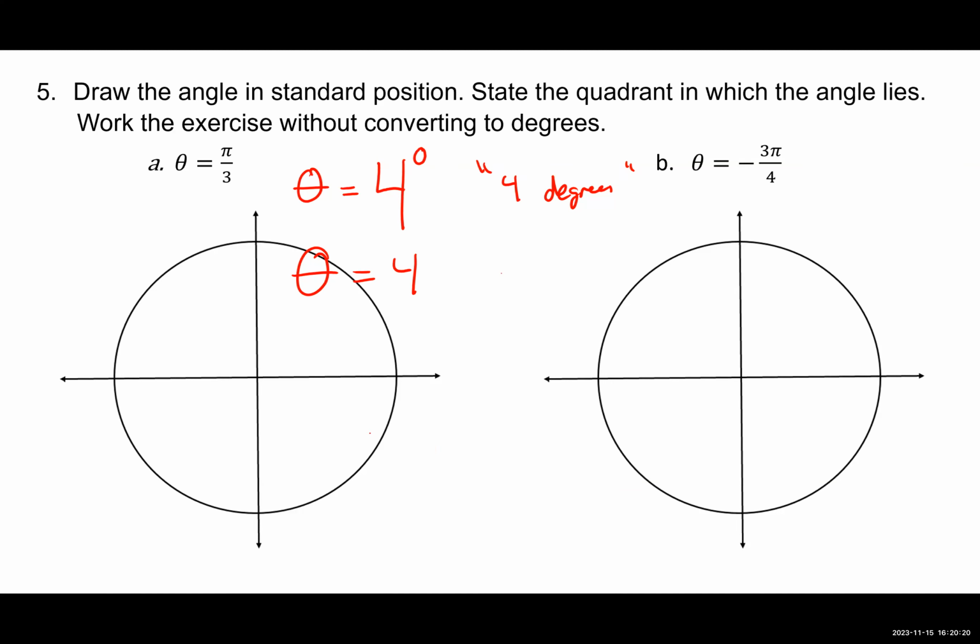Just shorthand notation. If you see theta equals 4 with this little circle up here, that's 4 degrees. If you see theta equals 4 with no degree symbol, that's going to be radians. So you see here, theta equals pi over 3. We know it's radians because there's no degree symbol.